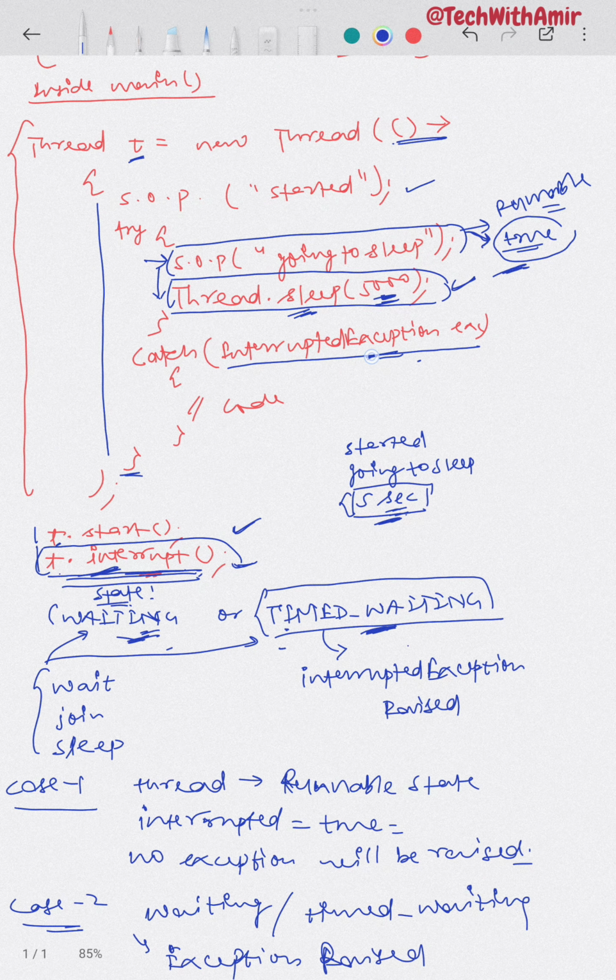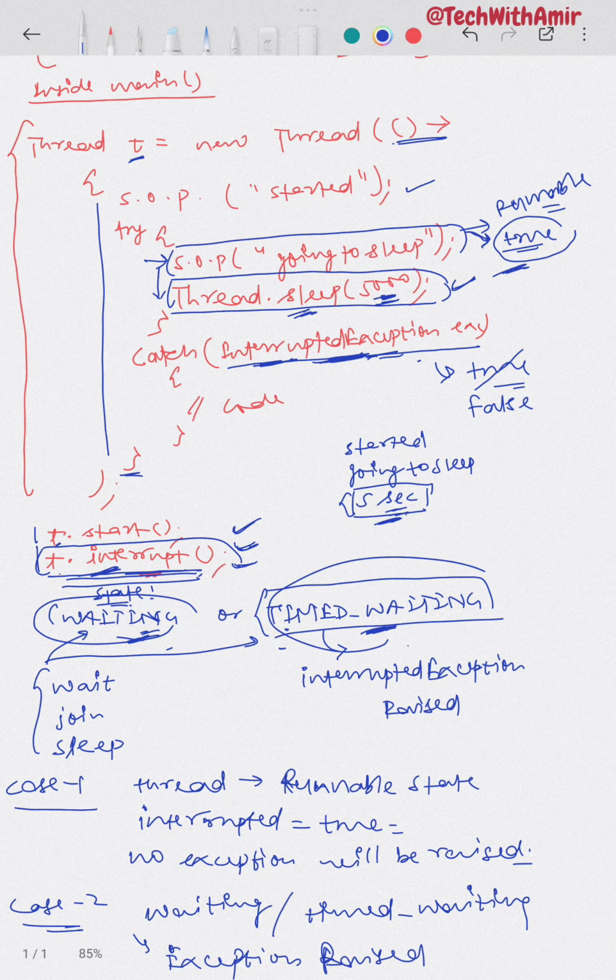When this interrupted exception is raised, as soon as the JVM sees that the thread is in either of these two states and interruption has been requested, it sets the interrupted status to true immediately, and then it raises the interrupted exception. A very important point to note here is that right at the time this exception is raised, this flag is reset, it is cleared, it is now reset to the default value of the interrupted flag.